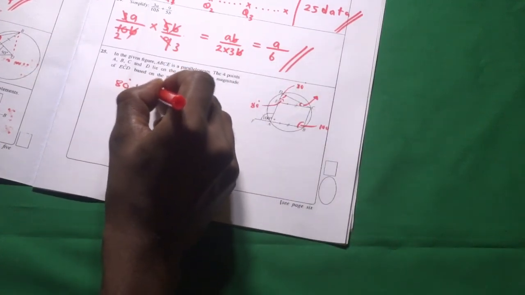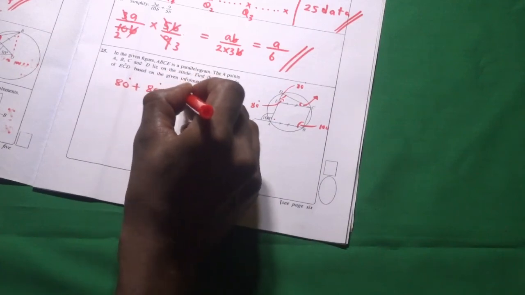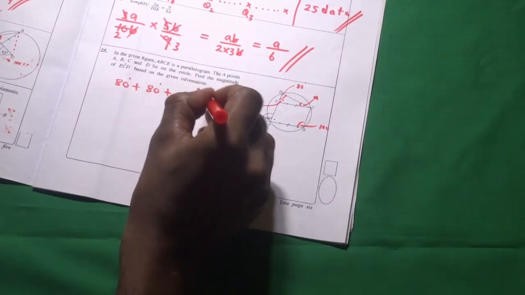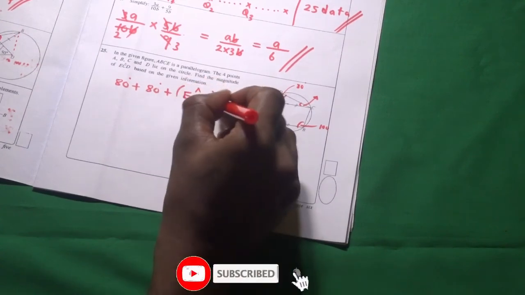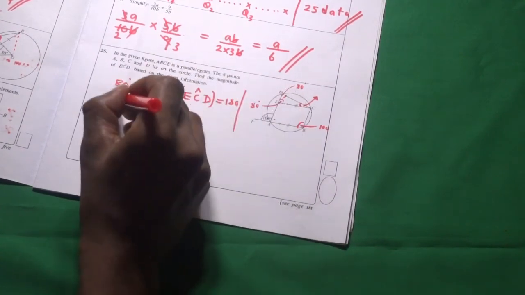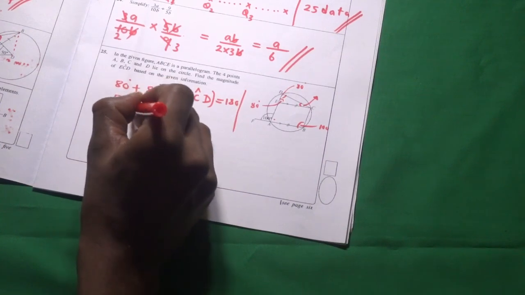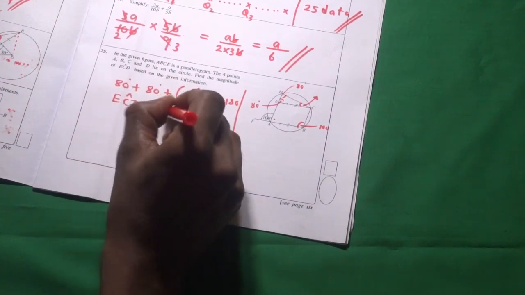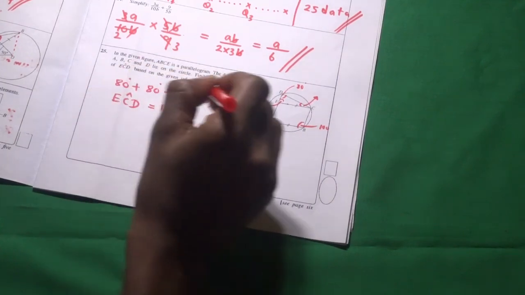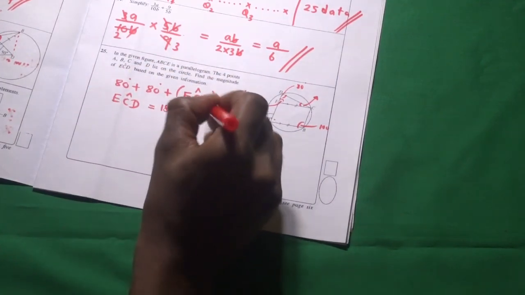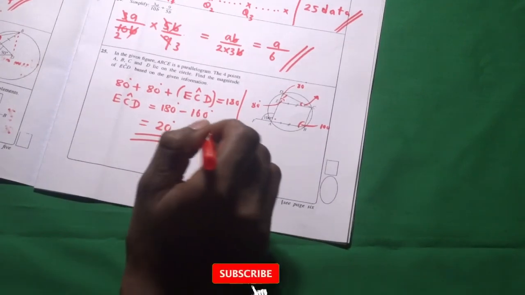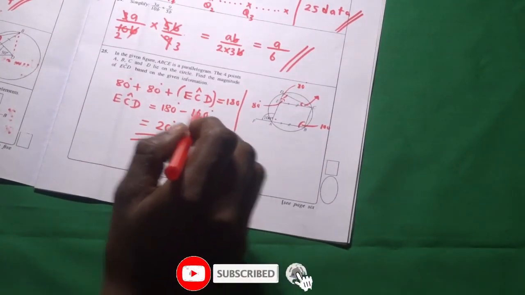So 80 plus 80 plus ECD should be 180. So ECD is 180 minus the sum of 80 and 80, which is 160. So that angle required is 20 degrees.